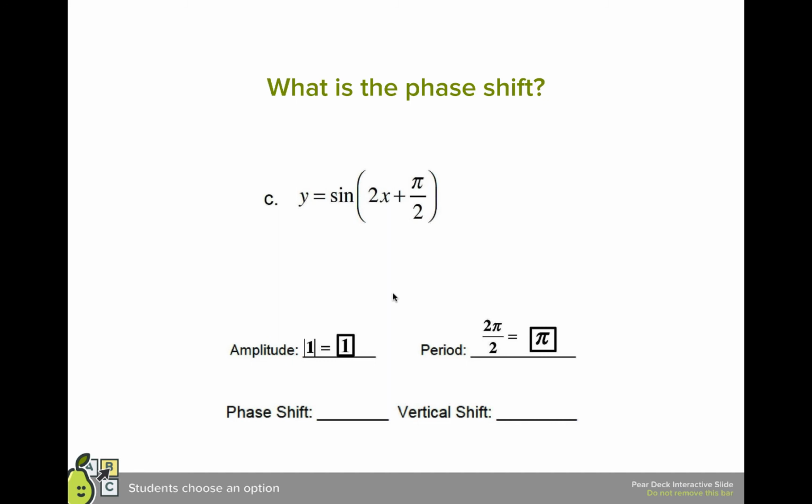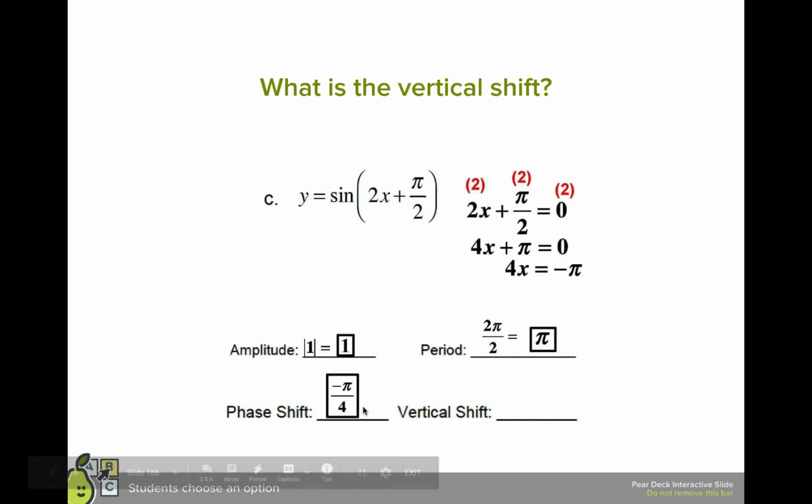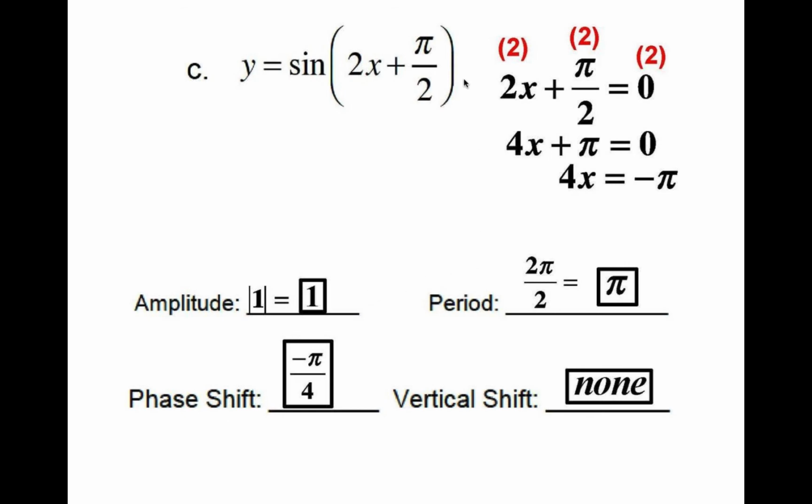What is the phase shift? Setting this to 0, you should get negative pi over 4. I fraction busted by multiplying everything by 2 to make it easier. What is the vertical shift? That would be none because there's nothing on the end.